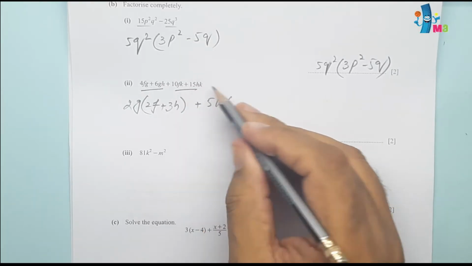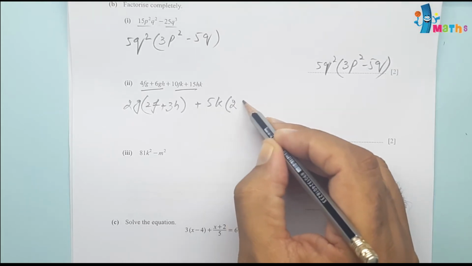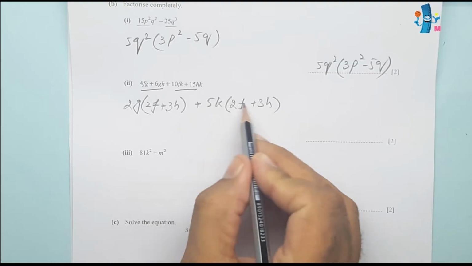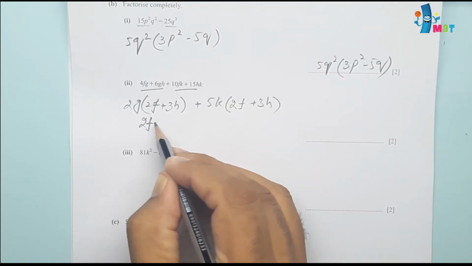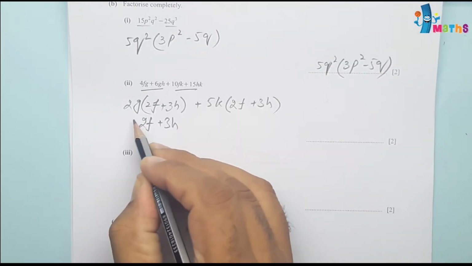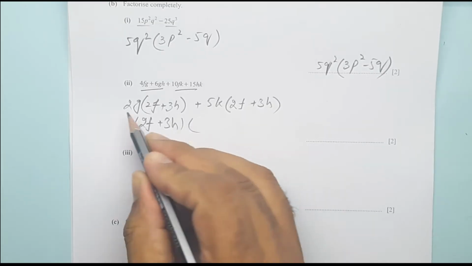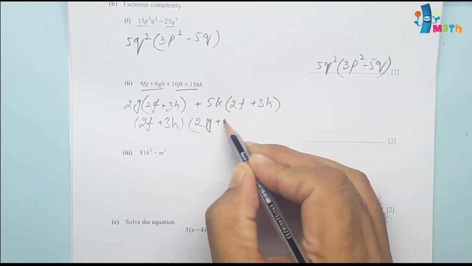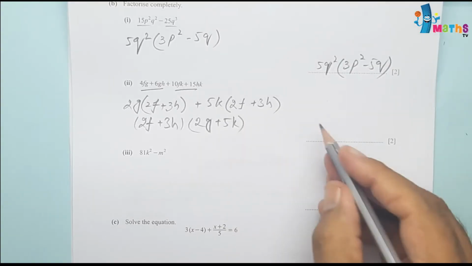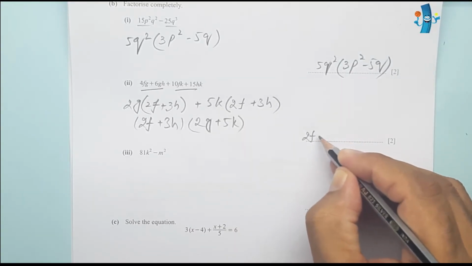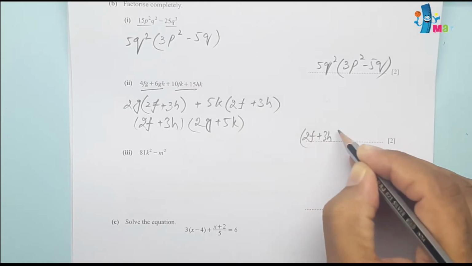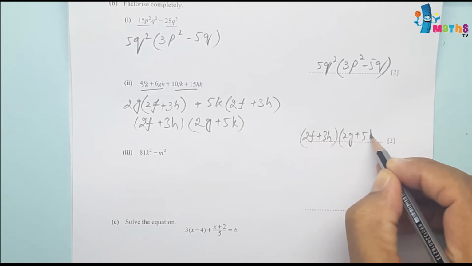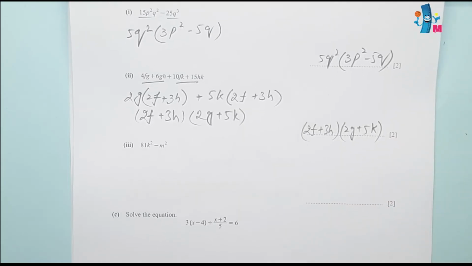So inside will be 2f plus 3h, and these two are the same, so we can write 2f plus 3h, and we can combine these two, so 2g plus 5k. This will be our final answer: 2f plus 3h, and the second is 2g plus 5k.